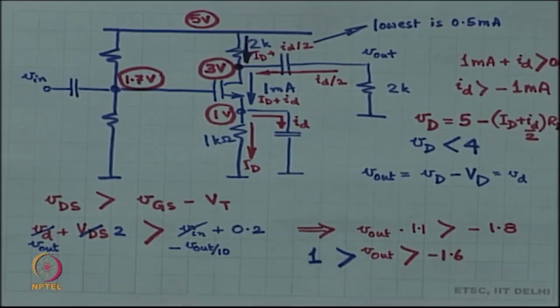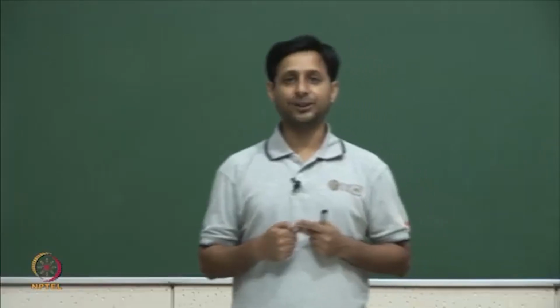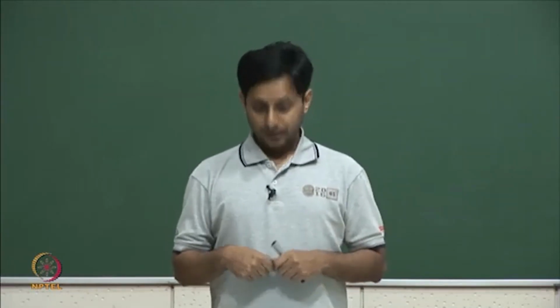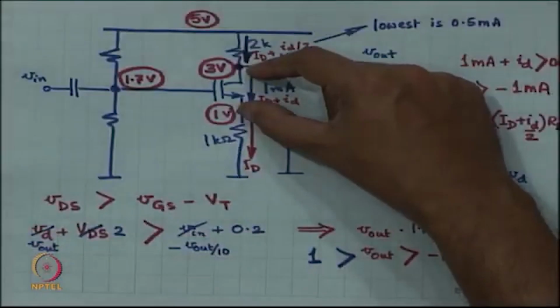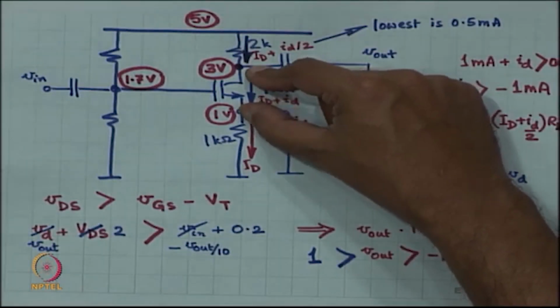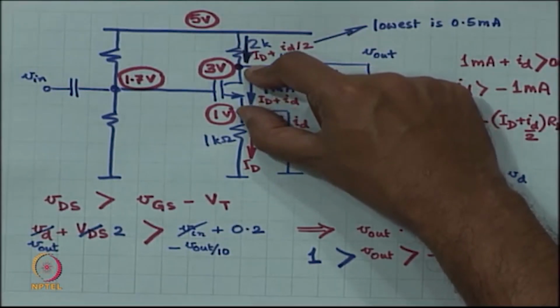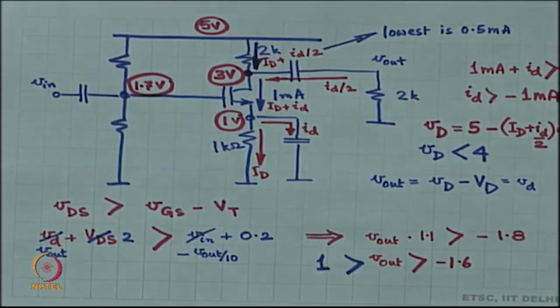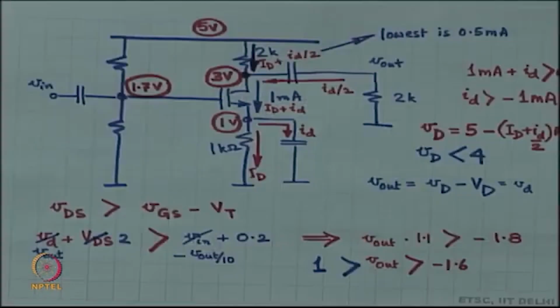So, these are the limits of the output voltage. These two are always going to be dictated by two conditions. One is what is the voltage VDS, this VDS has always got to be more than VGS minus VT. This is condition number 1, and condition number 2 is what is the current through the device. This current has always got to be more than 0. Okay. And based on these two conditions, you will get these two limits.